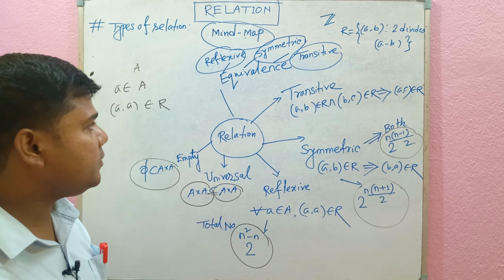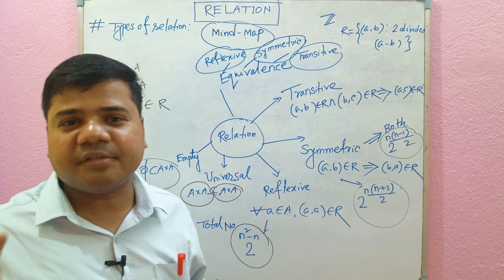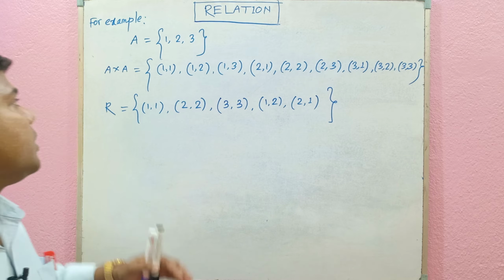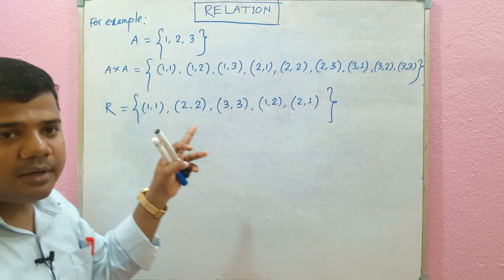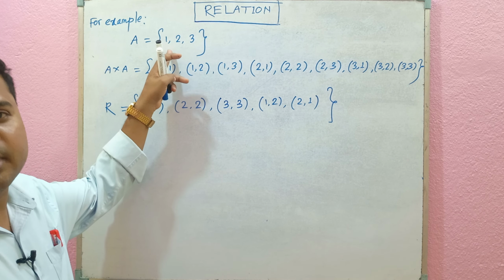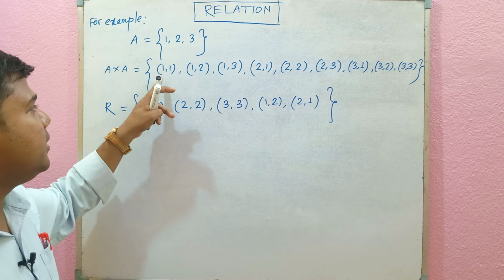Now let us discuss types of relations with an example. Let A be a set containing 3 elements 1, 2, 3 and the Cartesian product A cross A is this.